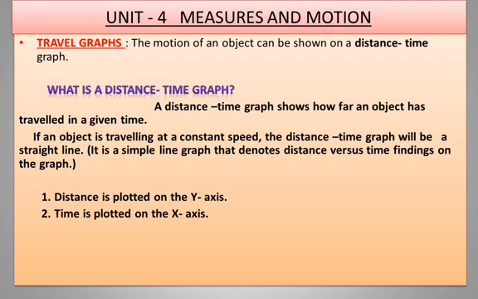If an object is traveling at a constant speed, the distance time graph will be a straight line. It is a simple line graph that denotes distance versus time. It will be a straight line when the object is moving at a constant speed. Means if the object is going at the same speed, the graph will be a straight line.